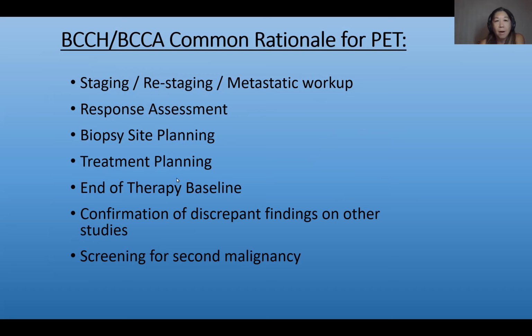And so they can combine the information from the PET-CT and use that when they're irradiating the patient. PET can also be used for end of therapy baselines. It confirms discrepant findings on other types of imaging studies, and it can also be used for screening for second malignancy.